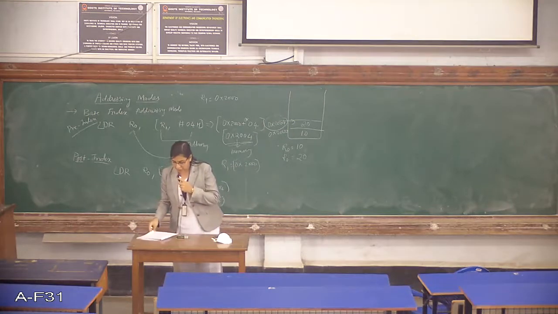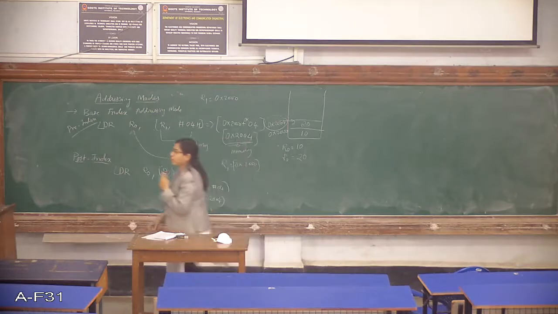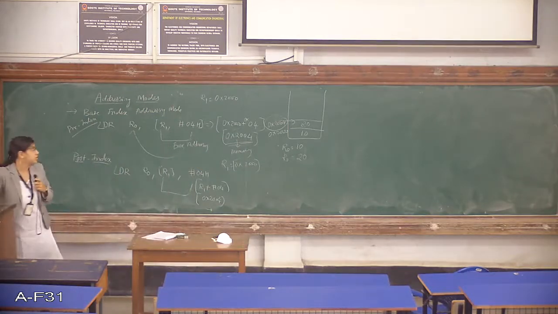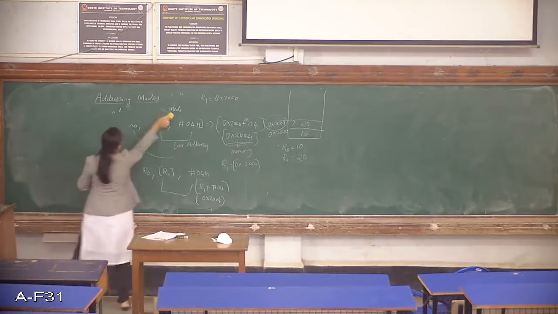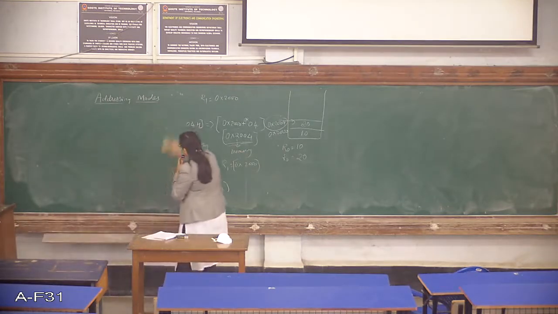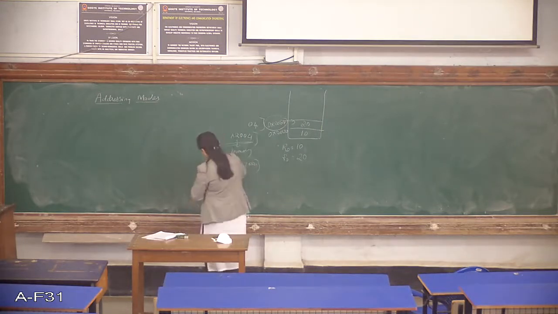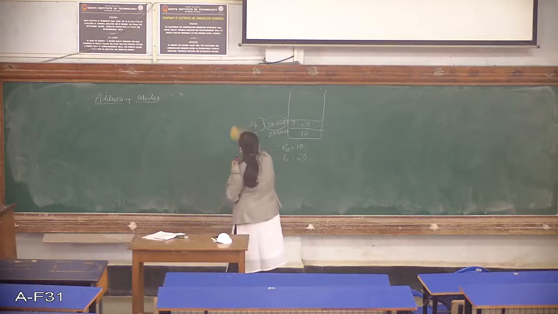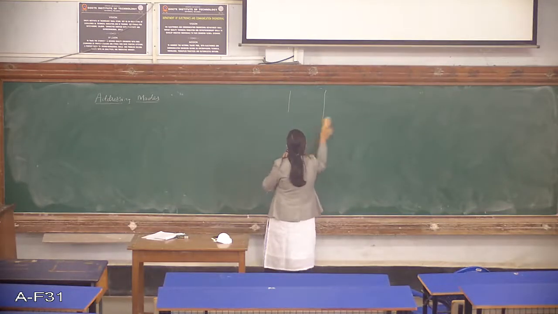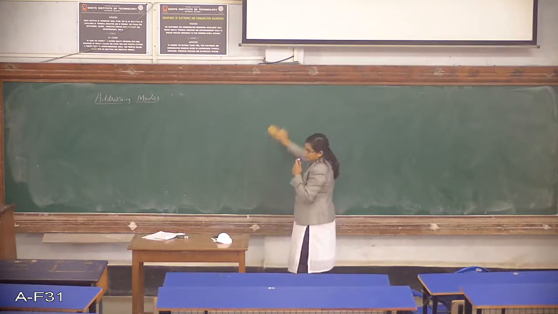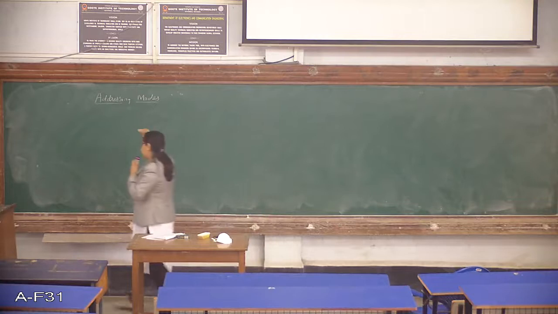Next we'll go with one more addressing mode. This addressing mode is very important when you are dealing with arrays. Since the array data is in sequence, we need to go on taking the data one by one from the memory. So we can use base index addressing for that.